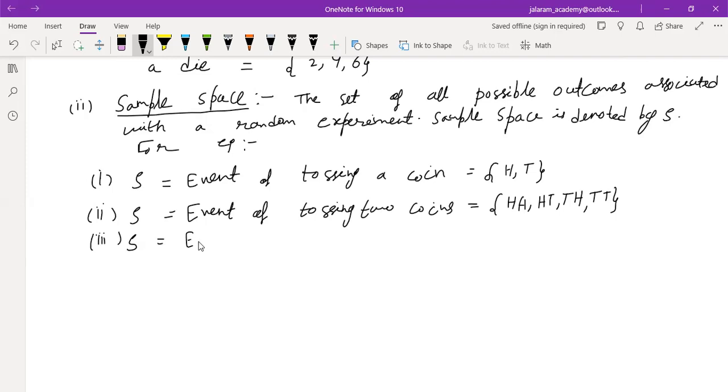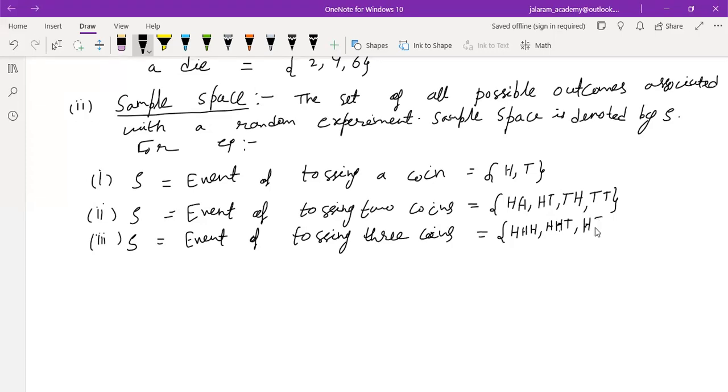Again, if we write the event of tossing 3 coins, how to denote it? First all 3 come up with head, or 2 heads, 1 tail. 2 heads, 1 tail means first coin comes up with head, second coin with head, third with tail. We can name the 3 coins as first, second, third, as they are different coins.